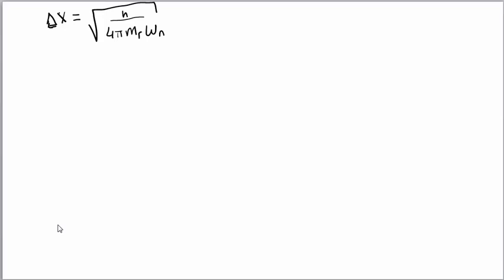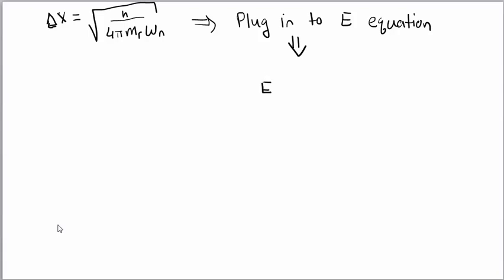Now if you take delta x and plug it into the energy equation, we end up with an expression for the minimum energy, E naught, which is equal to h omega n over 4 pi, or it can be expressed in terms of h f n over 2.